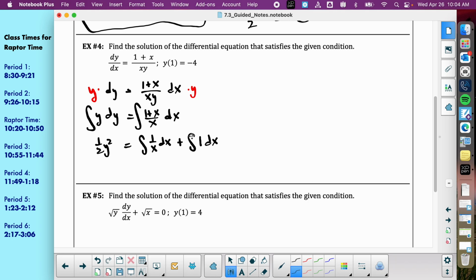You have your choice in how you want to approach 1 plus x over x. I usually prefer to separate the fraction. Some people like to bring the x up and multiply it out. Kind of your choice.